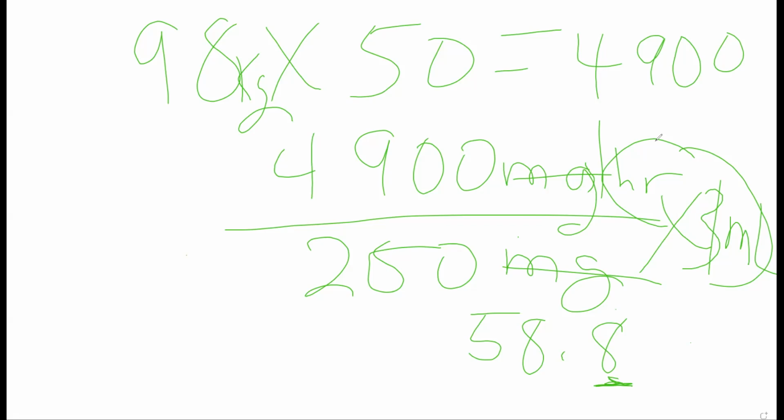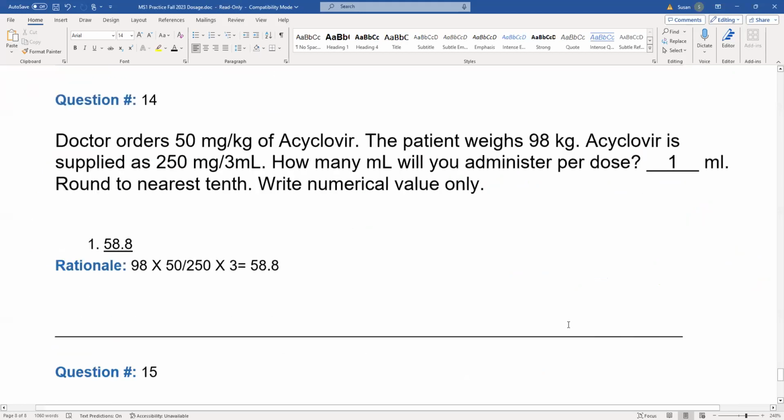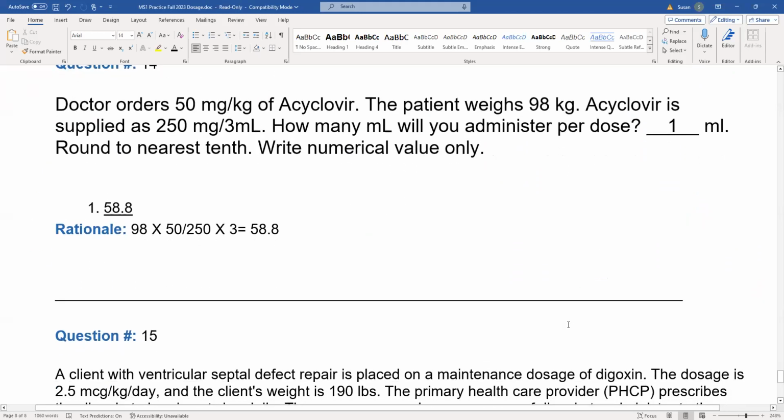I'm giving you plenty of time in the math test now that you should be able to do that. You see, this is what I would have done right there, where that rationale is. I would have just put that in my calculator, just like that.